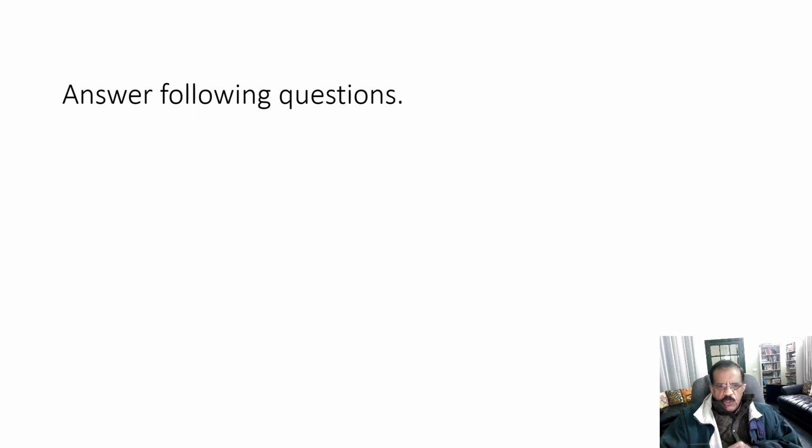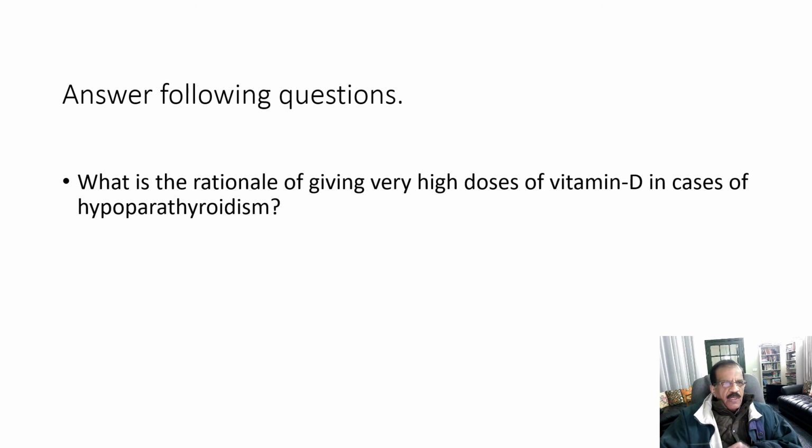We are still continuing with this exercise of answering the following questions. What is the rationale of giving very high dose of vitamin D in cases of hypoparathyroidism? Normally we give vitamin D just to normalize one's vitamin D level. The normal level is like 30 to 100.